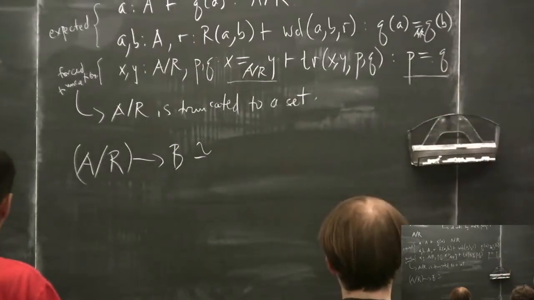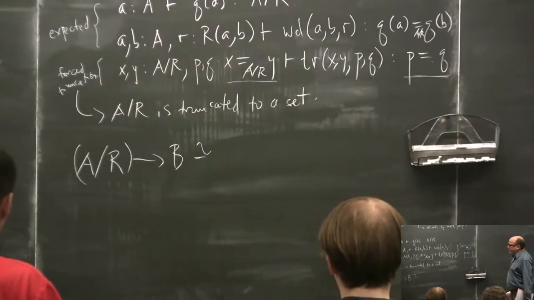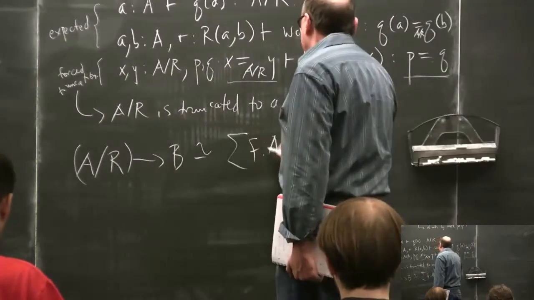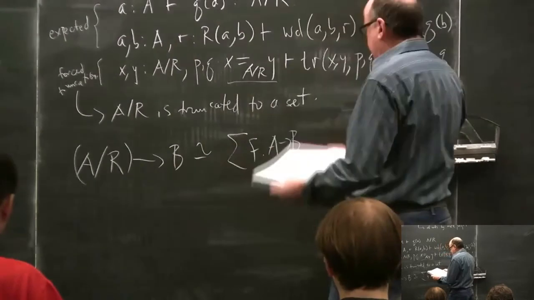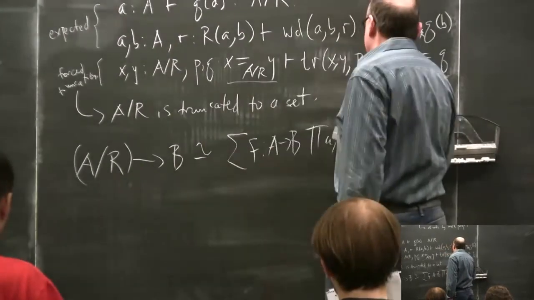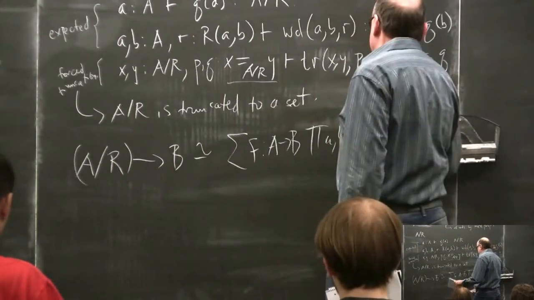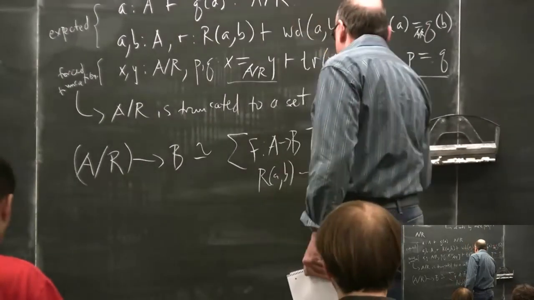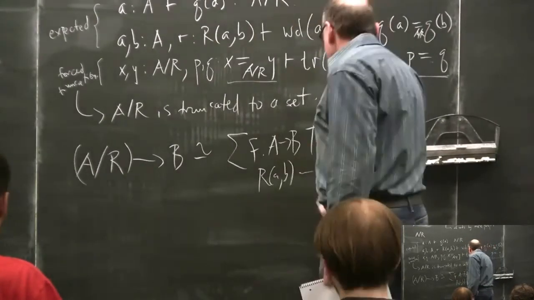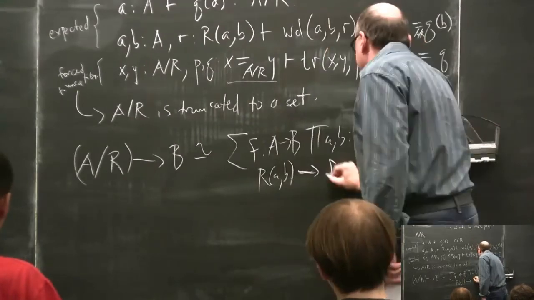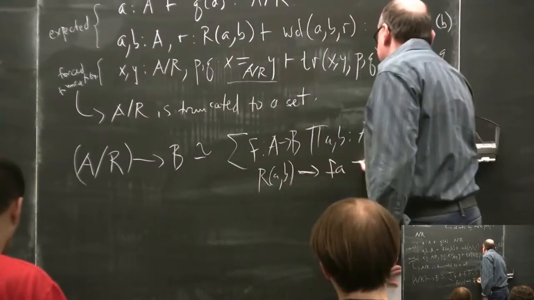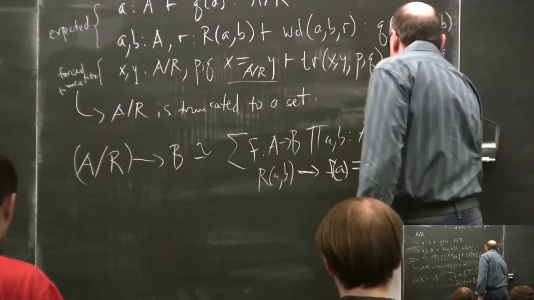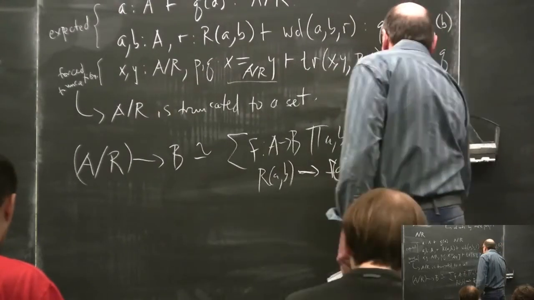The maps from A mod R to B are going to be the maps from A to B that respect R. That's what you would think. So we say for every A, B in A, if A and B are related, then F of A has to be equal to, in the appropriate type, F of B. And this would be in B in this case.